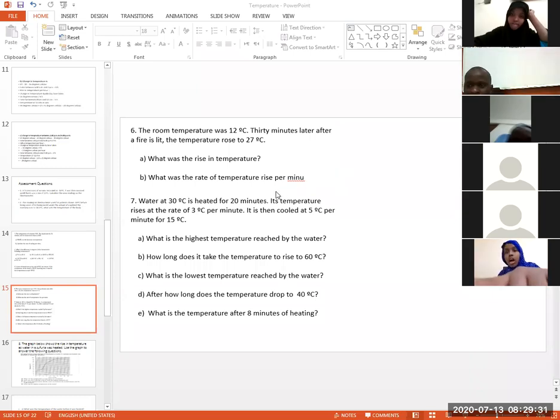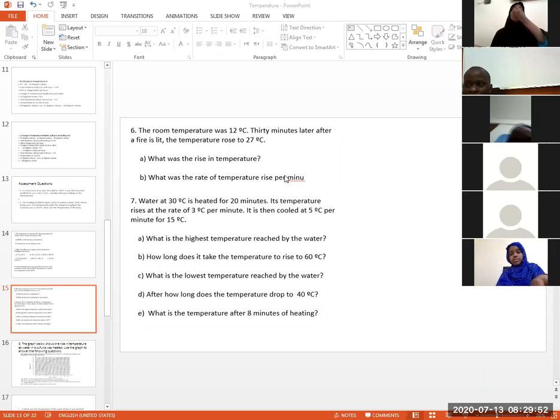Someone is getting 2 minutes. Now how? What is it? A half degree Celsius. Very good. It is a half degree Celsius. Or we can as well say 0.5. It is a half or 0.5 degrees Celsius.